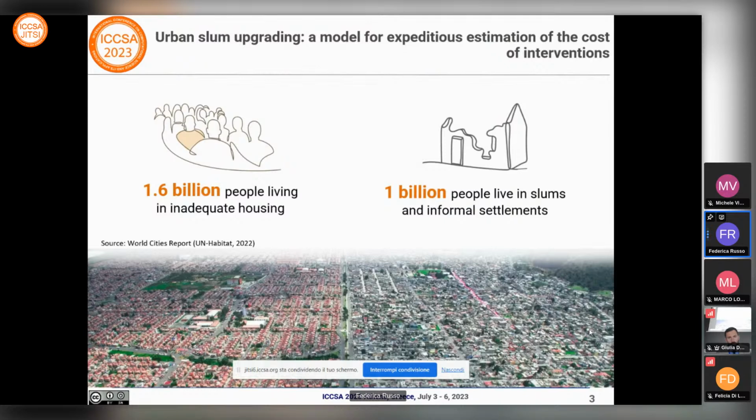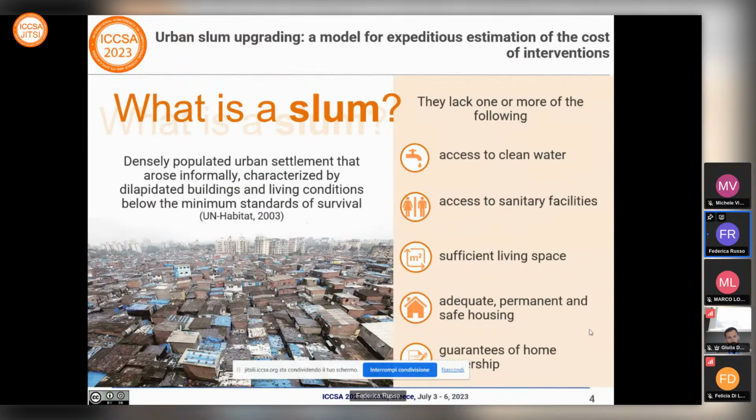But what is a slum? UN Habitat defines a slum as a densely populated urban settlement that has arisen informally, characterized by dilapidated buildings and living conditions below minimum standards of survival.